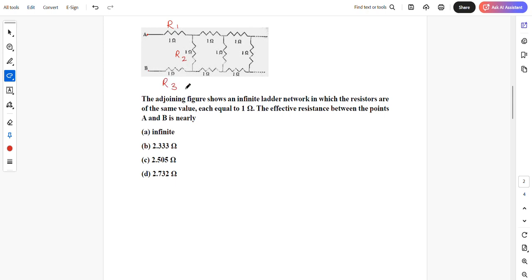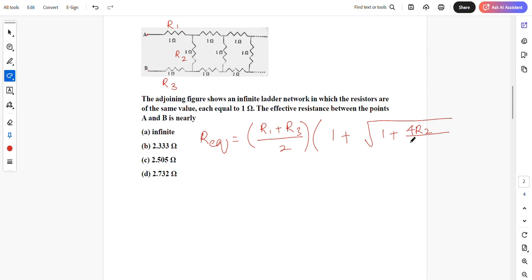Okay, I will give one simple formula for you to calculate the equivalent resistance between A and B. R equivalent is given by (R1 plus R3) by 2 into 1 plus square root of 1 plus 4R2 divided by (R1 plus R3).